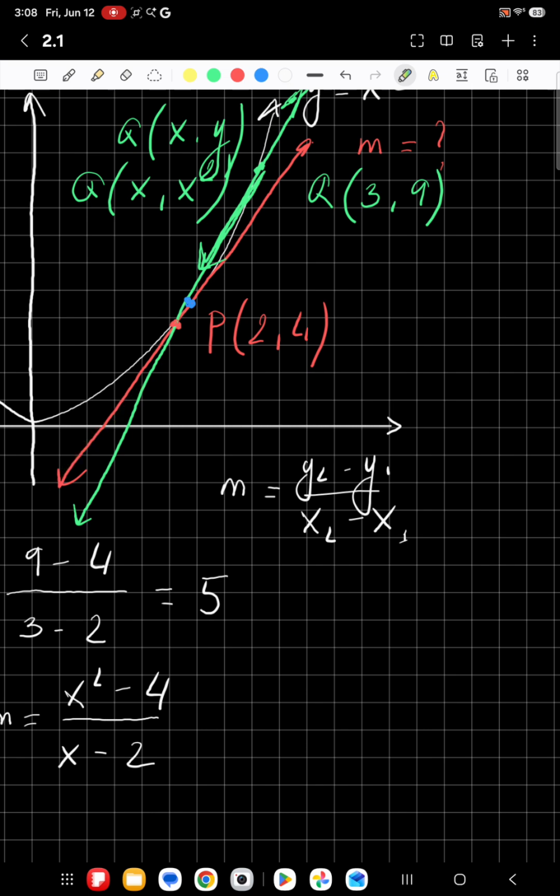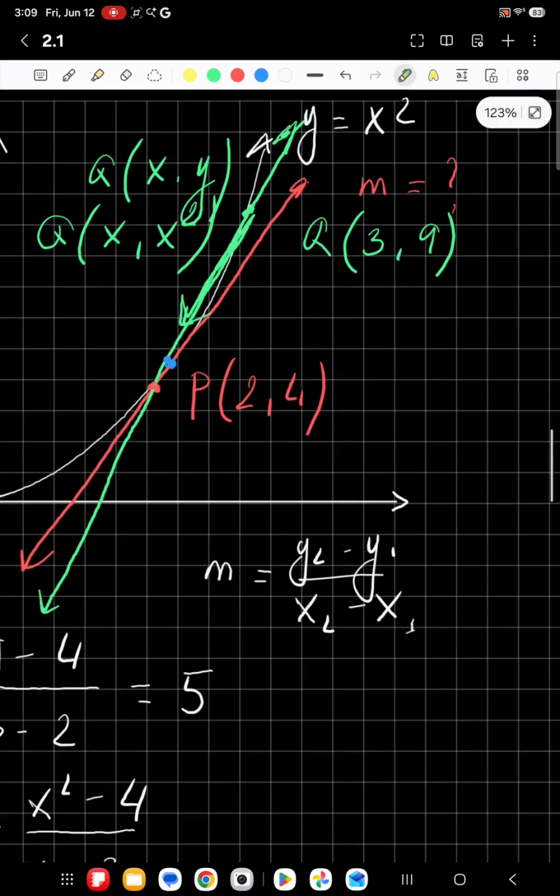We started with slope. We picked a point, 3,9, that's on that graph. We drew the green secant line, and we figured out the slope of that particular line, and that slope was 5. Then we decided, instead of having specific coordinates for that point Q, let's pick some arbitrary abstract coordinates, x, y, and then we replaced y with x squared, because that's the equation of our function.